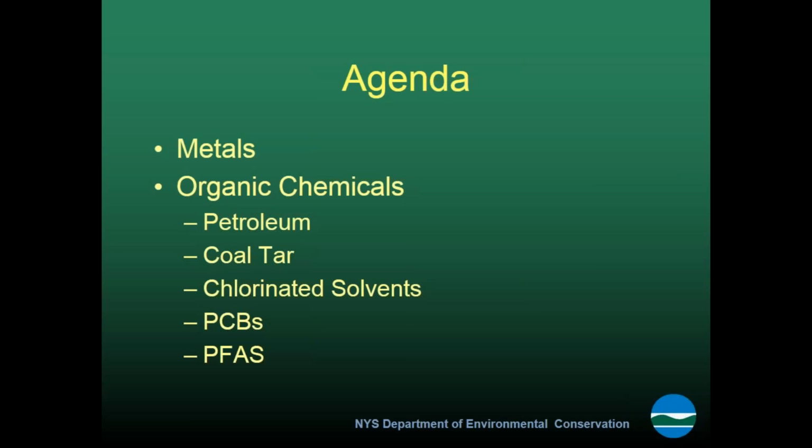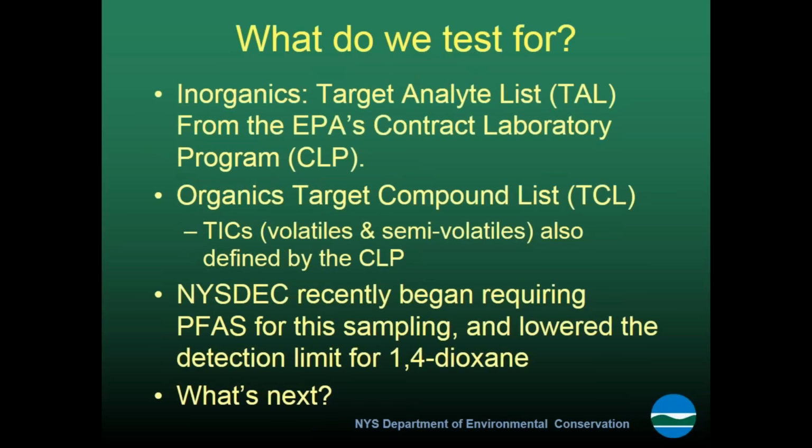Once we do get into the organic chemicals, we'll talk about an overview of the chemistry, then start looking specifically at petroleum as a source, coal tar, discuss chlorinated solvents and PCBs, and then a brief discussion about the emerging per and polyfluorinated alkane substances as an emerging contaminant.